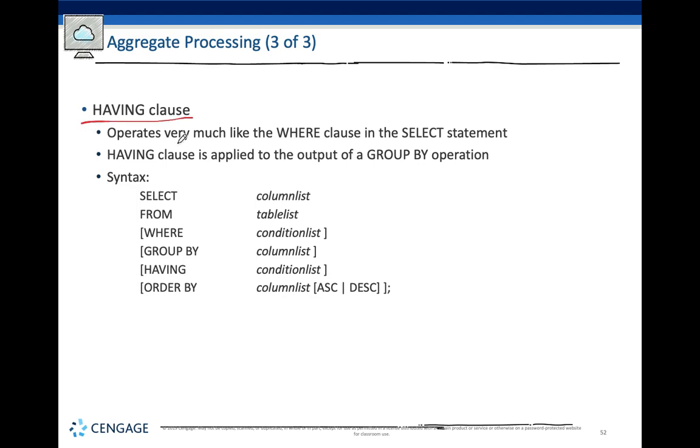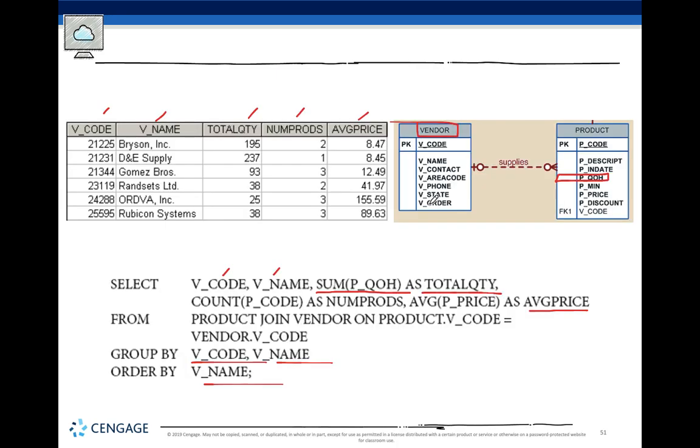Now the having clause. The having clause operates very much like the where clause, except that it is applied to the output of a group by operation. So in other words, let's say in this previous example, we only wanted to see those rows where the average price is greater than 100, right?